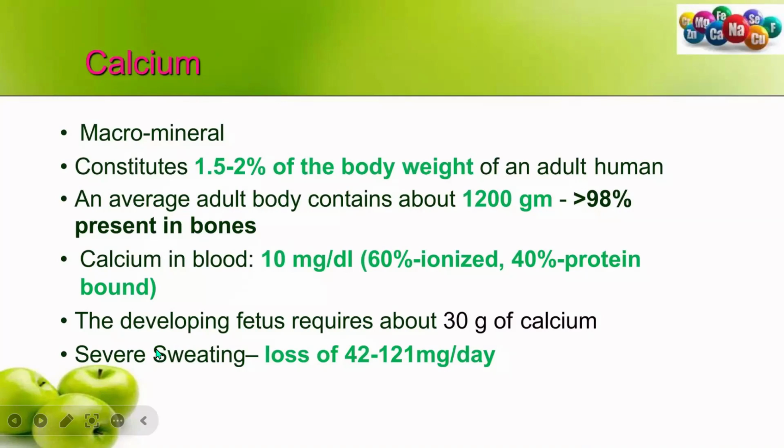And 60% of this 10 milligram per dl is found in ionized form, while 40% of it is bound with protein. And the developing fetus requires about 30 grams of calcium. And when there is severe sweating, usually there is a loss of 42 to 122 milligrams per day. So sweating actually affects the amount of calcium in the body.